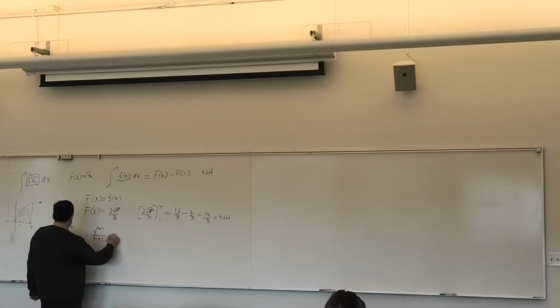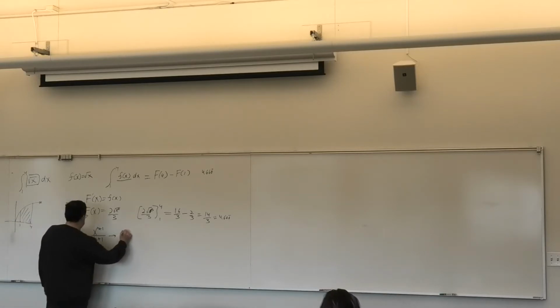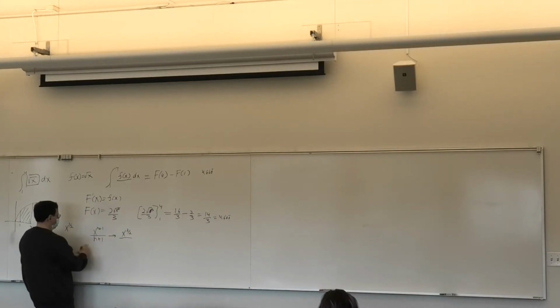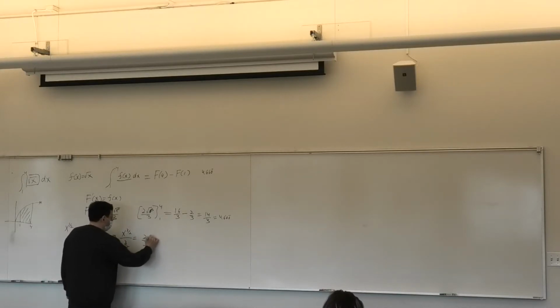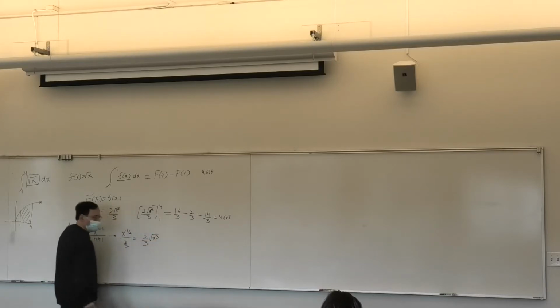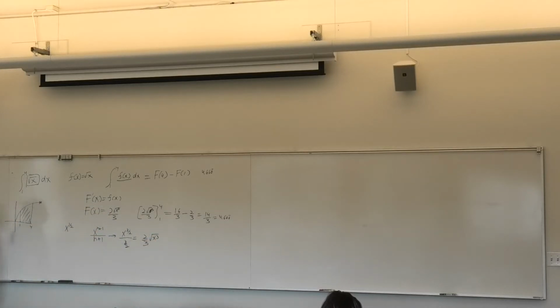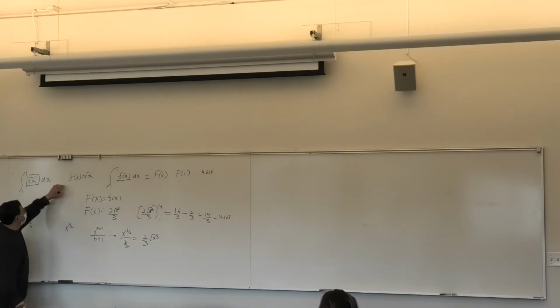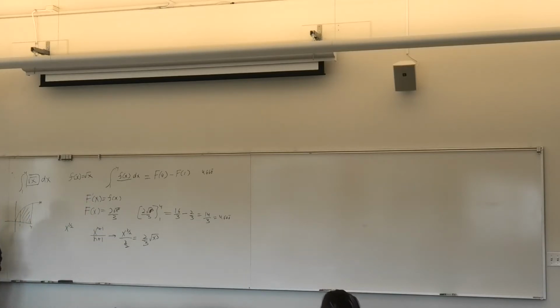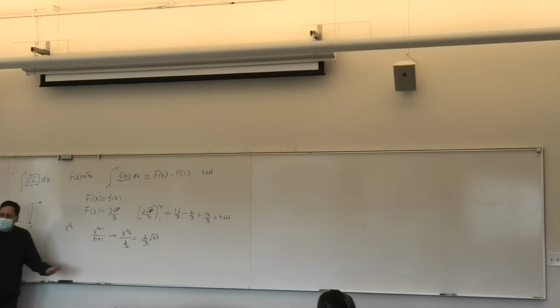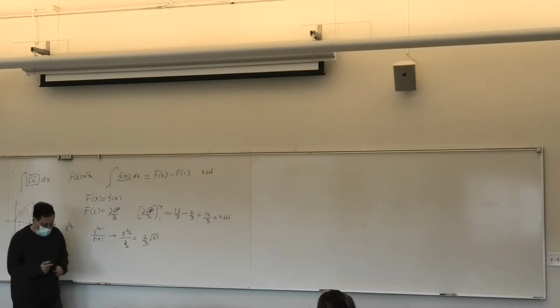So this becomes x to the 3/2 over 3/2, which is 2/3 square root of x cubed. Whenever you see something like x to some power, or you can make it x to some power, you can use this route. All right, let's take a break for a few minutes and I'll come back and look at this some more.